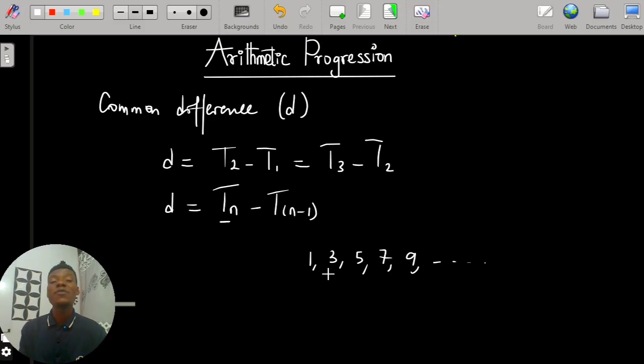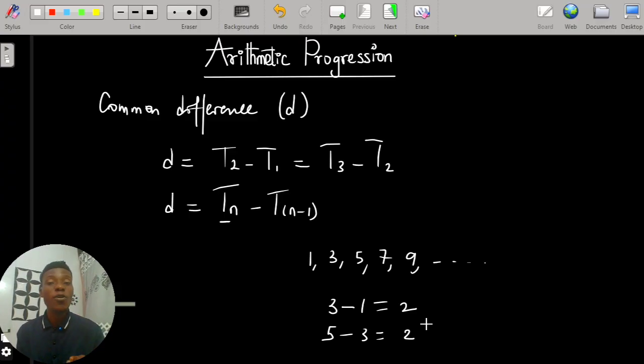So I will advise you to pick 3. 3 minus the term before 3, which is 1, gives us 2. Do not just do this alone. Check for the next one as well, which is 5 minus 3. 5 and the term before 5 is 3, which is still 2. So if you have this, then it is a confirmation that the common difference of this sequence is 2.